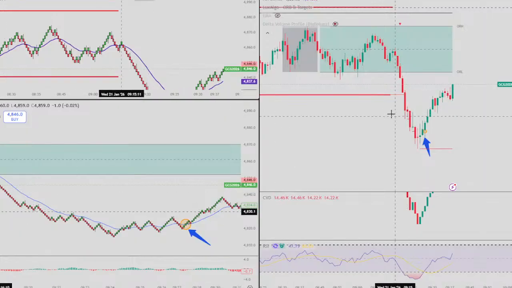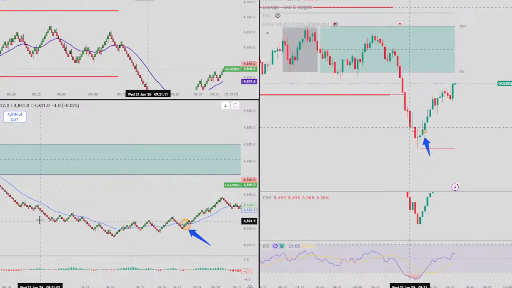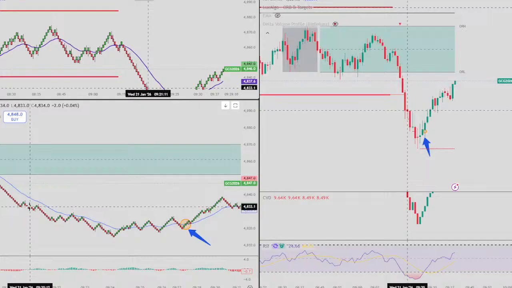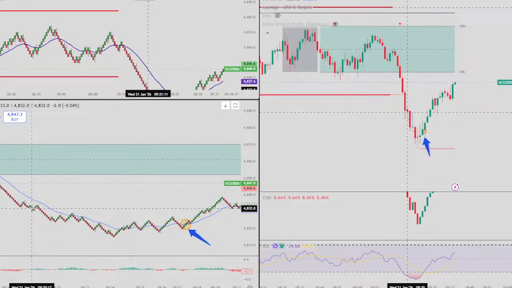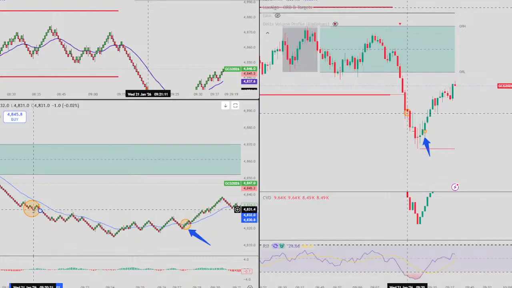Hold up. Because this candle closed at 9:19. So that means this closed right here. So this was your close. Then you have a pullback up. So I said right here, this is where I would have entered. This would have been your first entry after the close right here.